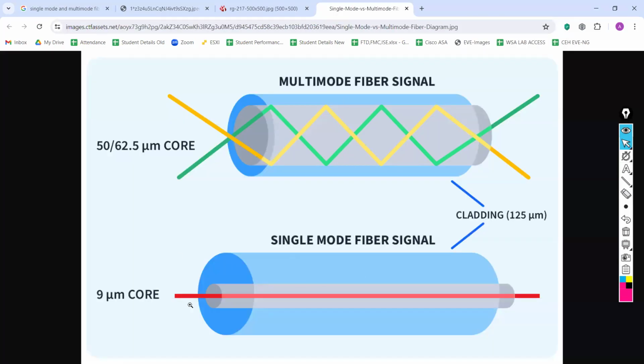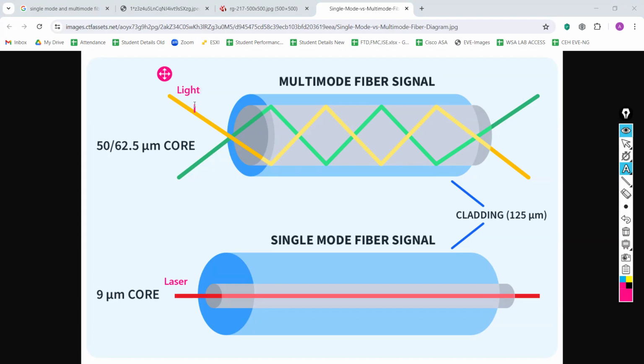This is single mode. Only one signal is traveling. And in multi-mode, you can see multiple signals will be traveling. So in your single mode, laser signal will be traveling. And here, light signal will be traveling. So like, bulb in home, how far the light from the bulb can travel?